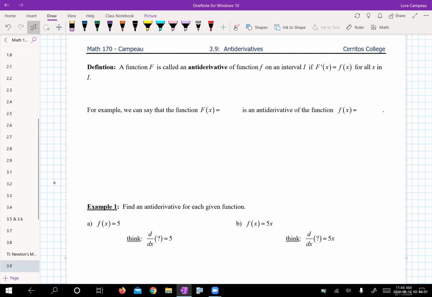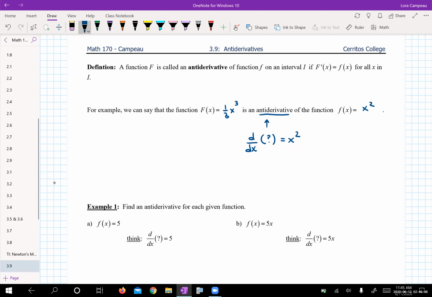Let's try this. Our capital F of x is 1/3 x cubed. That's an antiderivative of the function f of x equals x squared. If I'm thinking about what I mean by antiderivative, I want to look at the derivative of what is x squared.